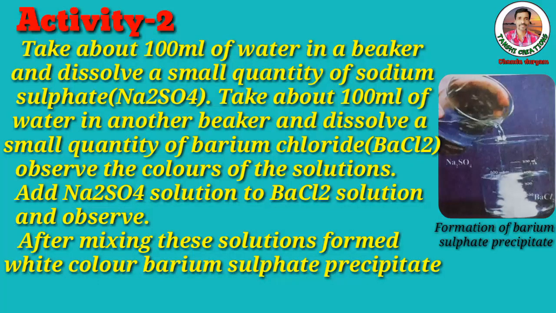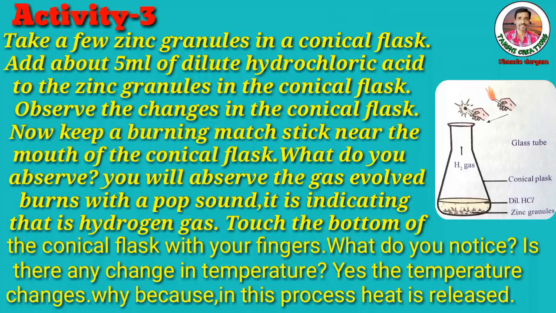Its formula is BaSO4. Next, activity 3: take a few zinc granules in a conical flask and add about 5 ml of dilute hydrochloric acid to the zinc granules. Observe the changes in the conical flask. Now keep a burning matchstick near the mouth of the conical flask.